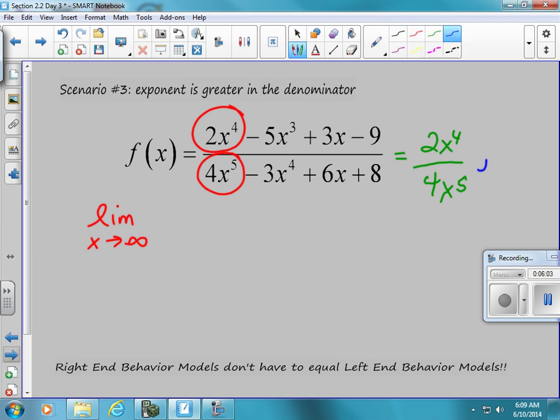My board goes a little crazy sometimes. Okay, so it equals 1 over 2x. Sometimes my board really goes nuts. I'll just put it right here, 1 over 2x. That is our end behavior model, 1 over 2x.